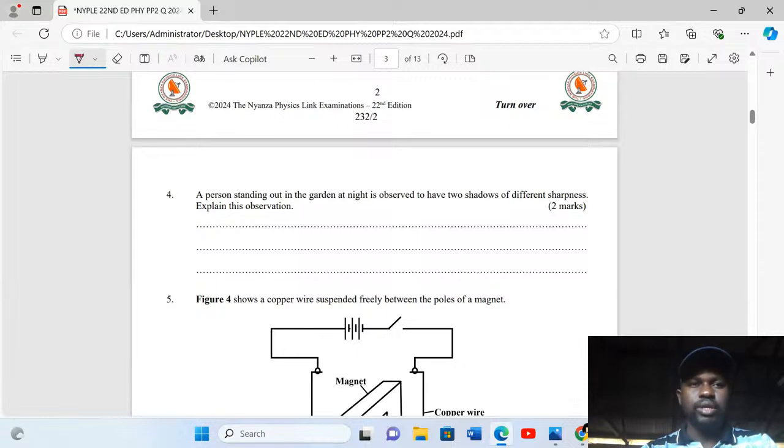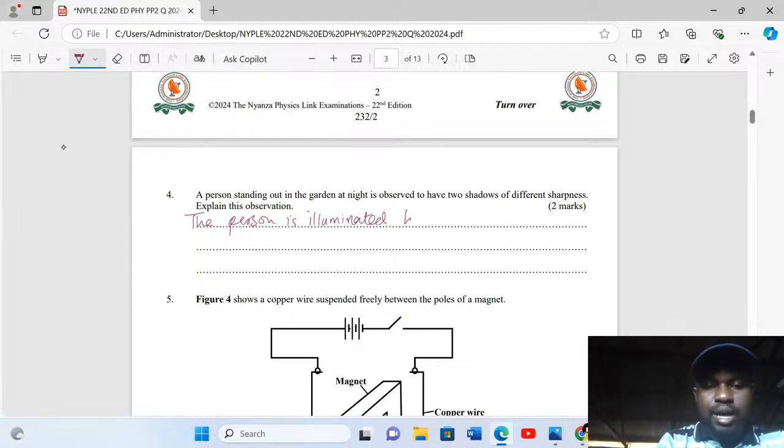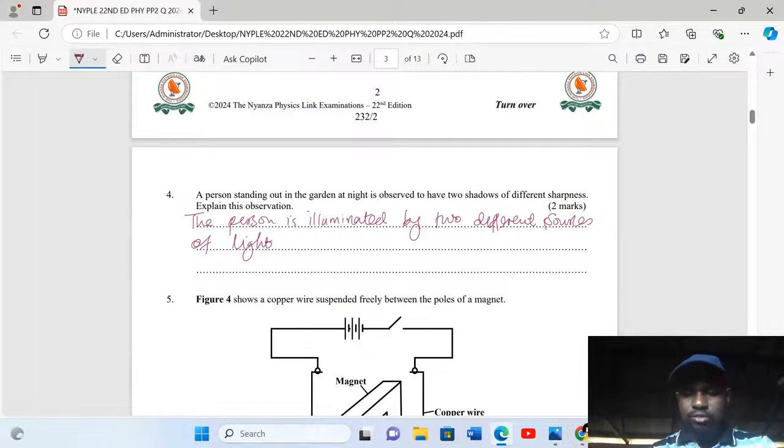Therefore, in this case, we can say that the person is illuminated by two different sources of light.